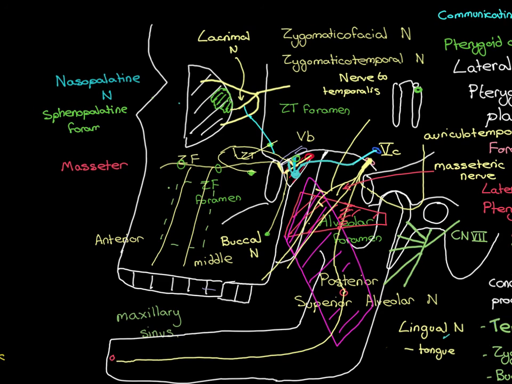So the nasopalatine nerve will go through the sphenopalatine foramen into the nasal cavity, and it will then innervate the nasal epithelium with parasympathetic fibers, and when those postganglionic parasympathetic fibers are activated, they will increase the mucus production by that nasal epithelium, and therefore will lead to rhinorrhea.